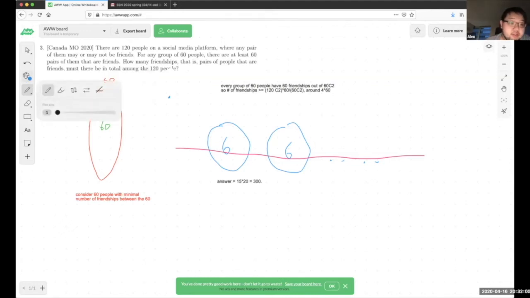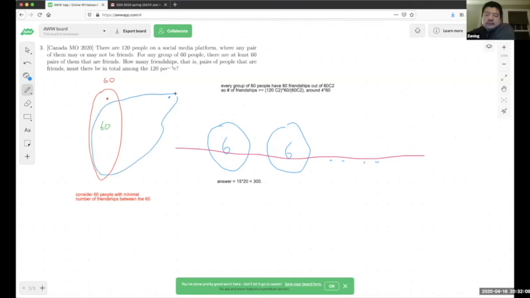Let me draw a red dot. What happens if you replace this red by this blue? This means that the number of red friendships is less than or equal to the number of blue friendships, where the number of red friendships is the number of friendships among these 60 people, and blue friendships includes this one extra person.